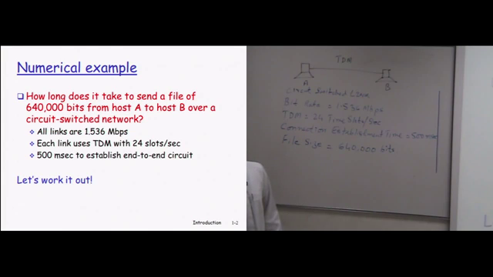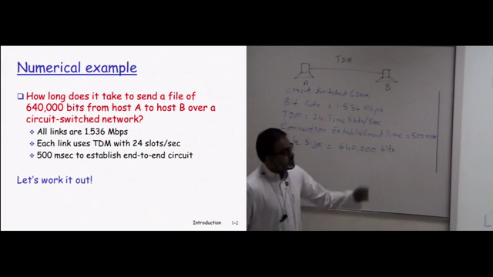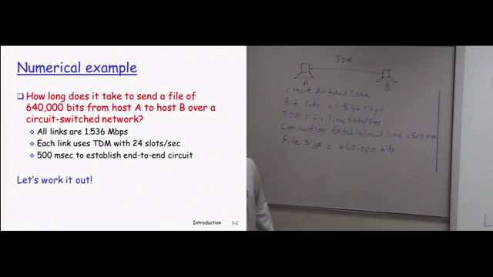calculate the data rate over each TDM time slot, because all the links are 1.536 megabits per second. Since it is a circuit switched network, each circuit's data rate should be calculated.